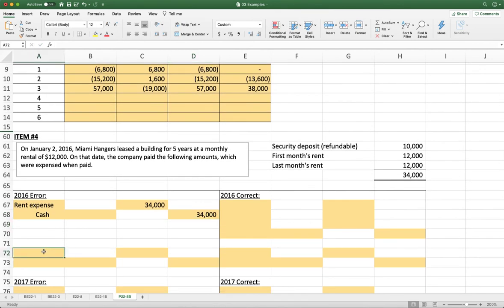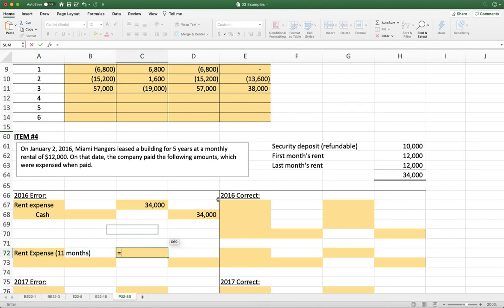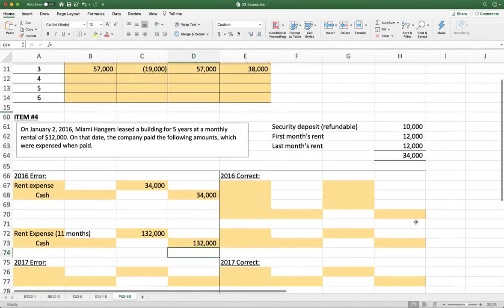Then, presumably, as the year went on, they paid the rest of their rent. Let's say for the rest of the year, that's 11 months. And that monthly rate is $12,000. They paid 11 more months of cash out the door.